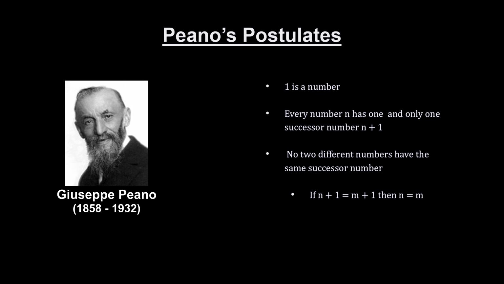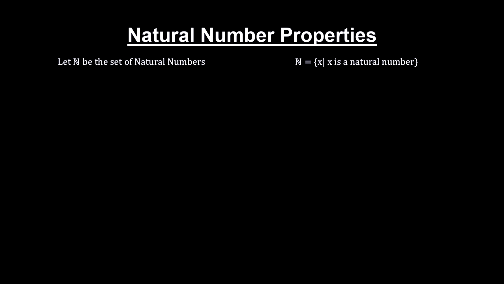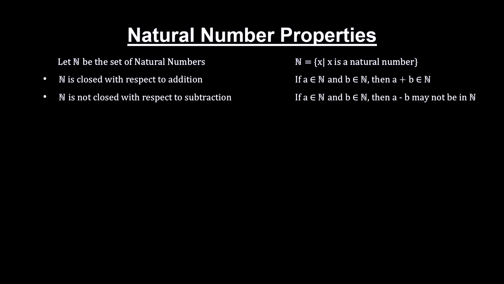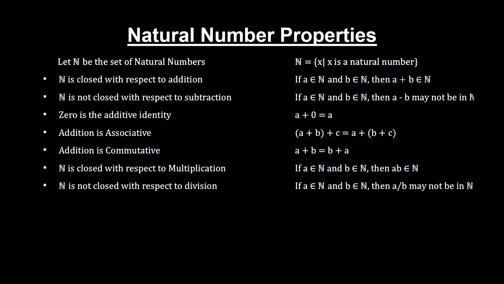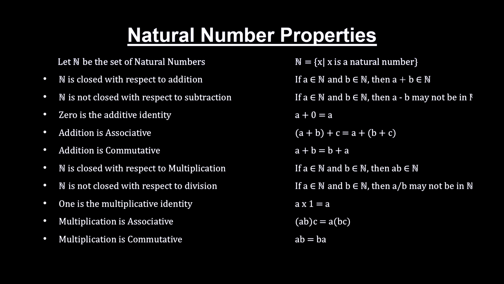From these postulates and our basic operator definitions, a number of properties exist that we can use to manipulate numbers and solve equations. Here are the properties for the natural or counting numbers. Although we tend to take them for granted, mathematicians have to prove each and every one. You'll find a proof that a plus b equals b plus a for natural numbers in the appendix.